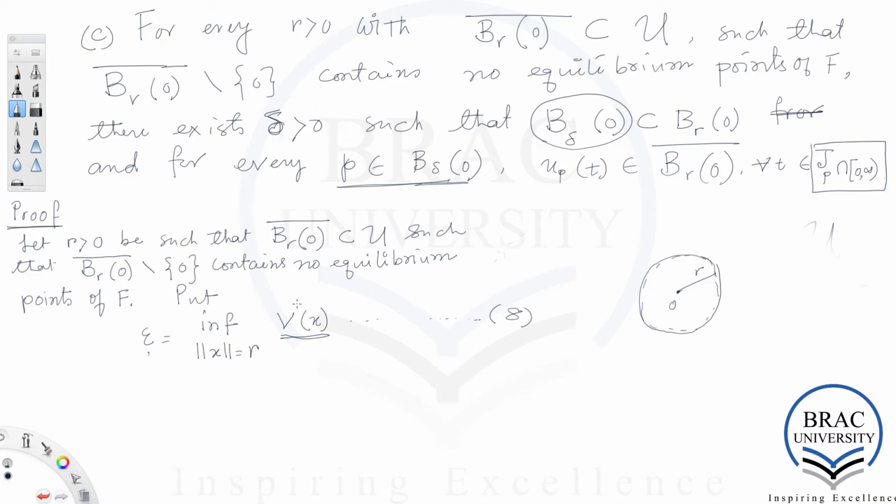So now an important thing to note here is that this infimum is actually a minimum. That is, it is attained on some point of the sphere of radius R, as the sphere is compact and V is continuous.